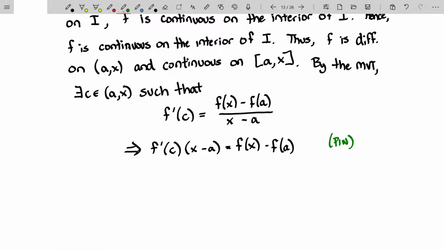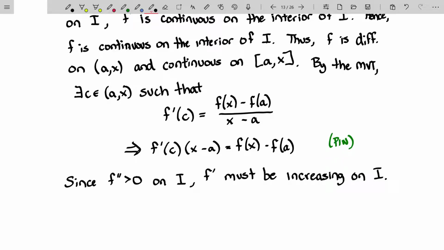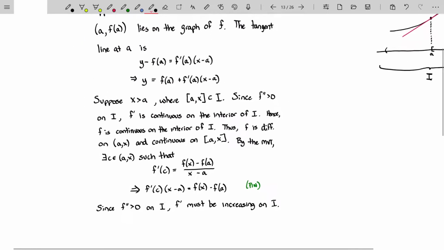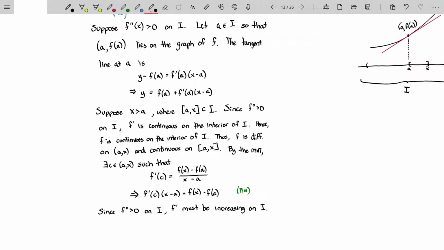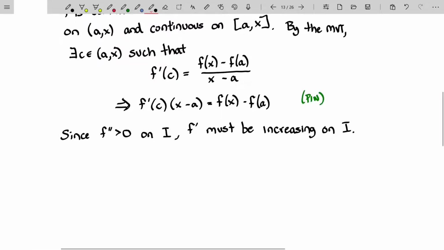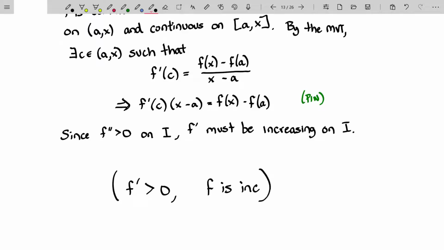Now we're going to go ahead and step back into some theory that we have recently introduced. Since we are assuming that f double prime, where is that assumption? All the way at the top. Since we're assuming that f double prime is positive on our interval, then remember, by the increasing decreasing test, the way it reads is if f prime is positive, that implies f is increasing, right?